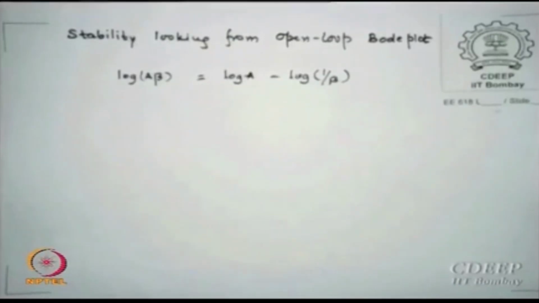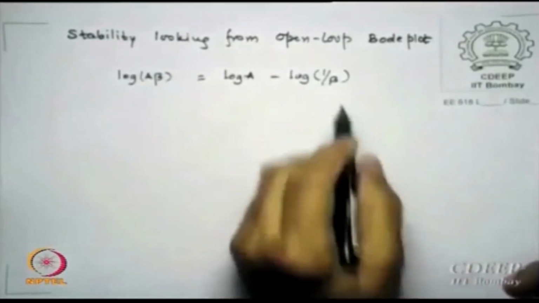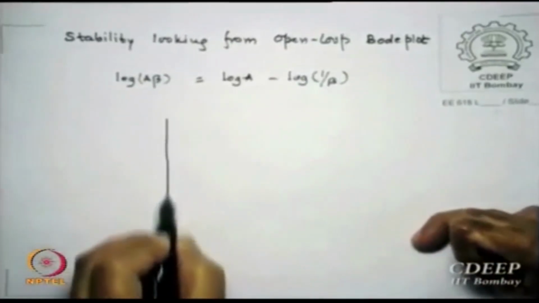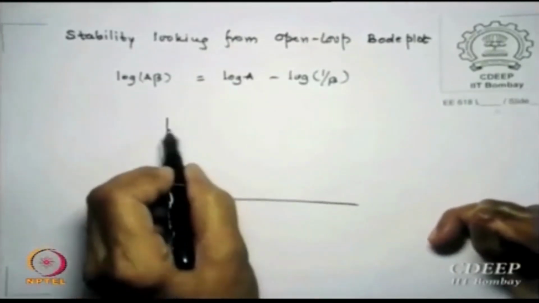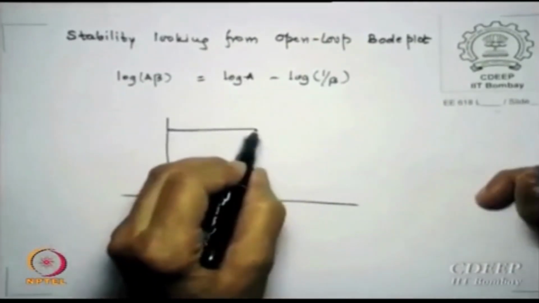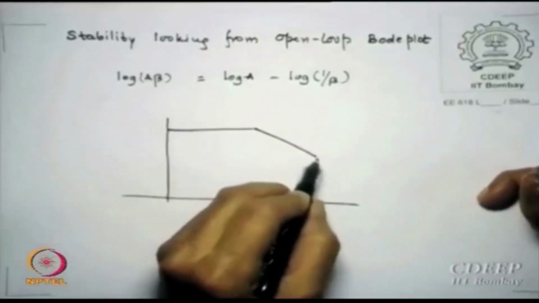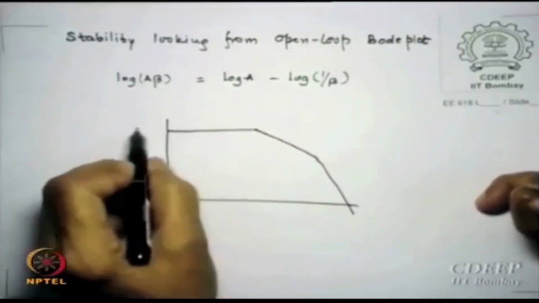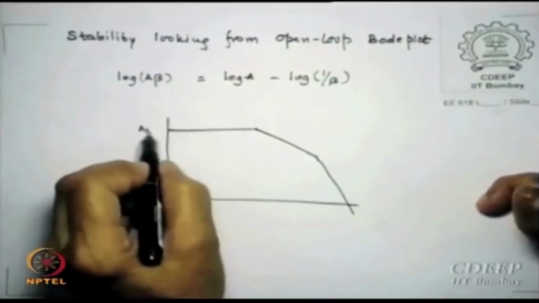Now I plot A as the normal open loop gain. Let us say right now it is a two pole system. This is my A open loop.